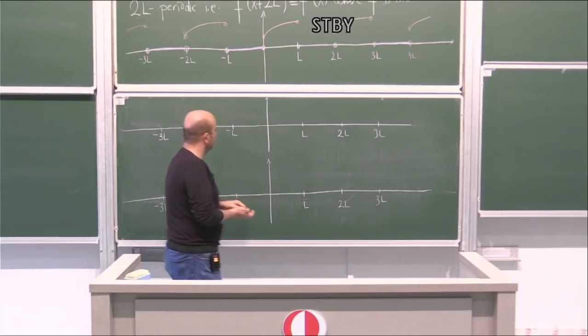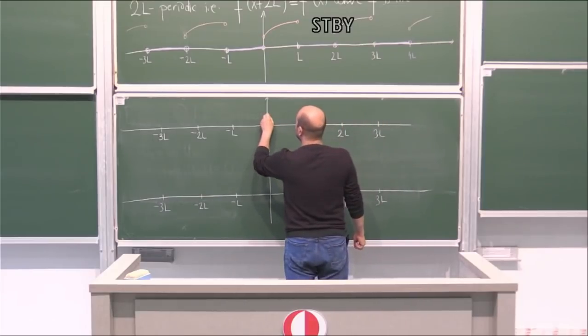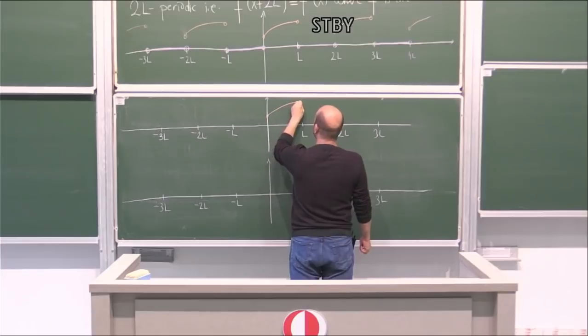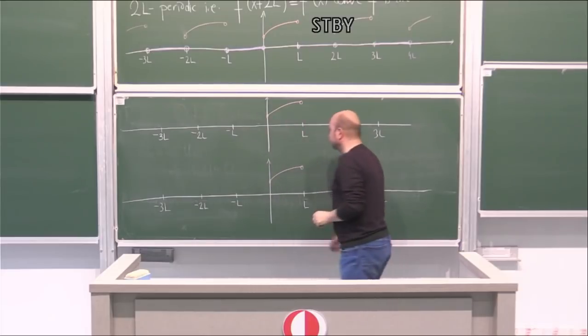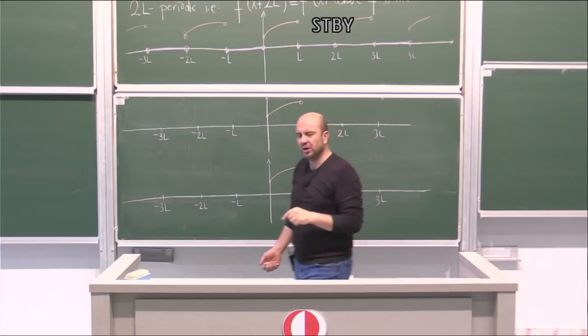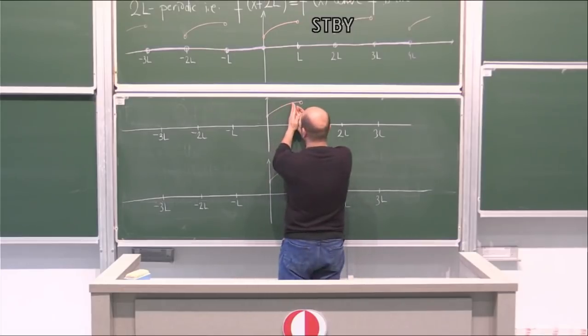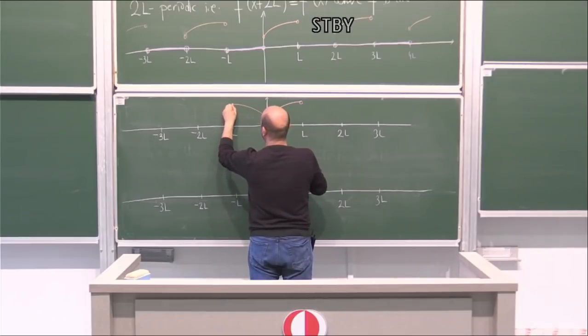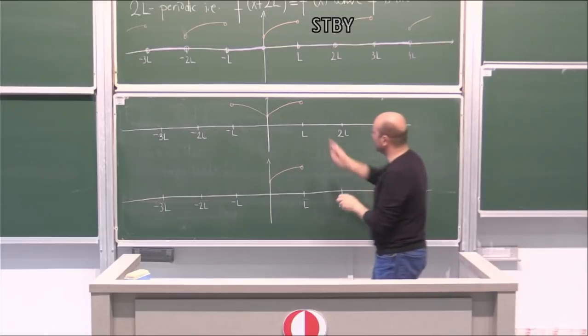I'm just repeating the same example just to give you a taste. This was the function given. Now for the first one, I will do an even extension, and we know that even functions are symmetric with respect to the y-axis. So I have to take the symmetry of this with respect to the y-axis. So the graph will be like this. Now it's an even function.